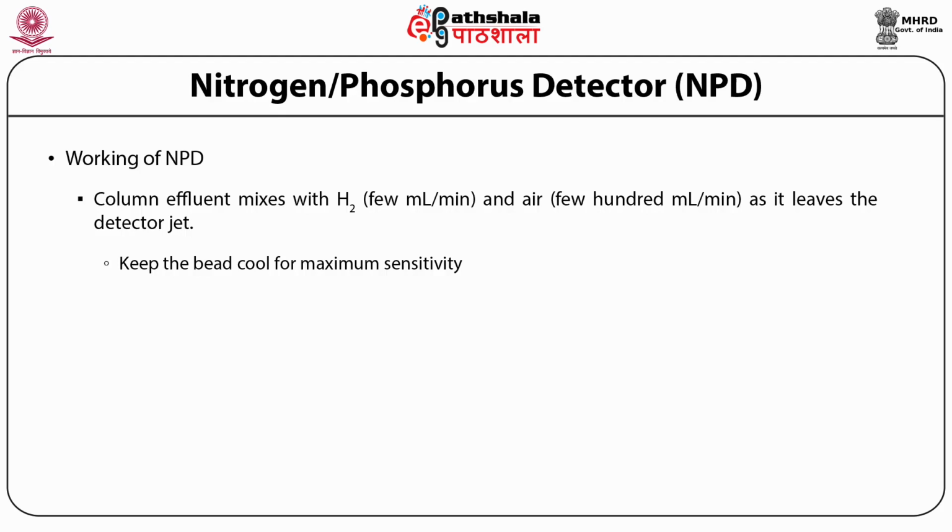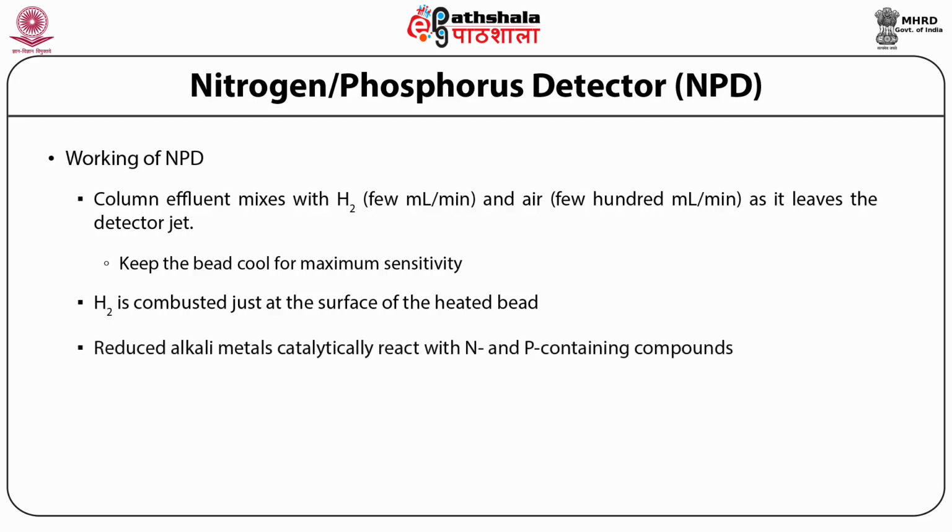Without a flame, hydrogen is combusted just at the surface of the heated bead, forming a localized plasma wherein alkali salts in the bead are reduced or neutralized and are evaporated, so that the reduced alkali metals can then catalytically react with nitrogen and phosphorus containing compounds.